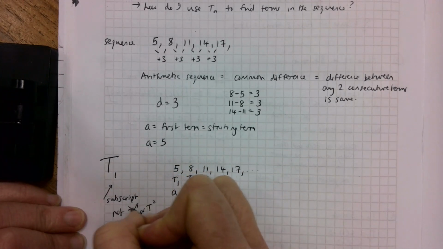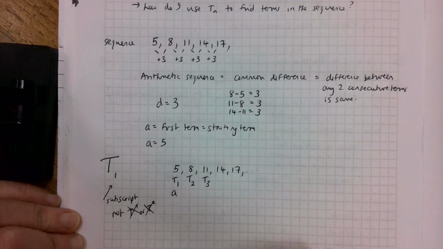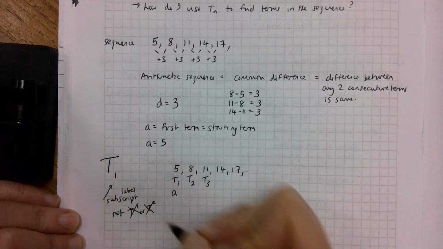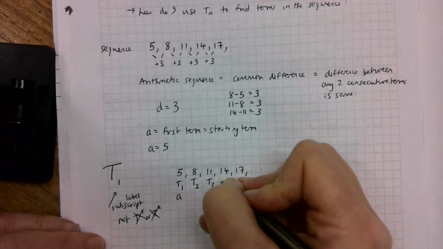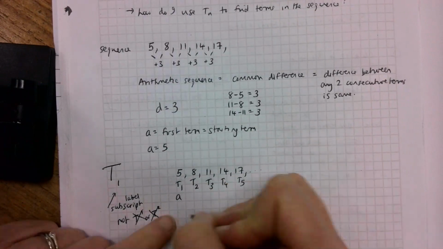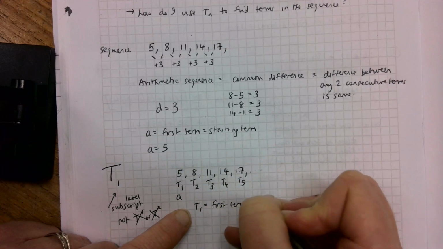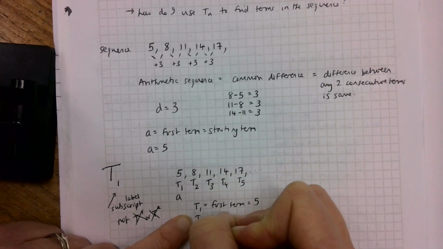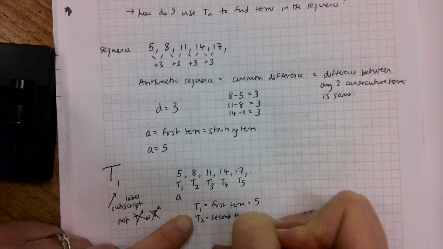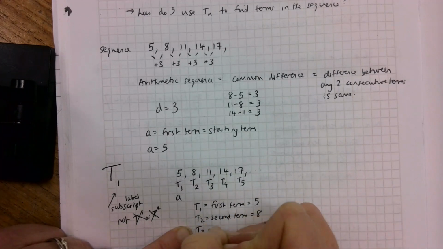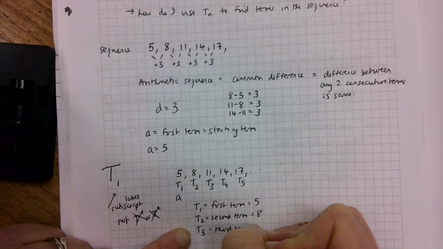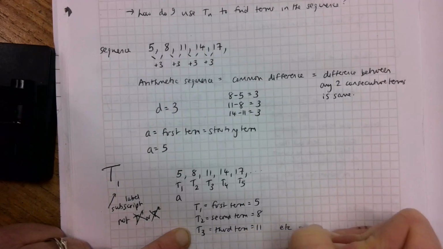It's a little label rather than a power. So T3, T4, T5. In other words, T1 is the first term, which would be 5. T2 is the second term, which would be 8. T3 is the third term, which is 11, etc.